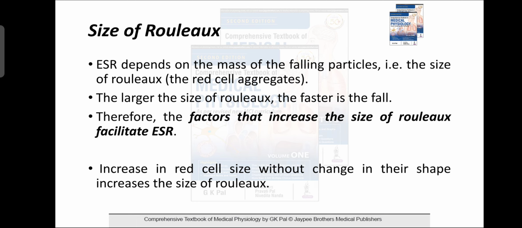Size of Rouleaux formation. The ESR also depends on the mass of falling particles, the size of the Rouleaux formation, the red cell aggregate. The larger the size of the Rouleaux, the faster is the fall. Therefore the factors that increase the size of Rouleaux formation facilitate the ESR.